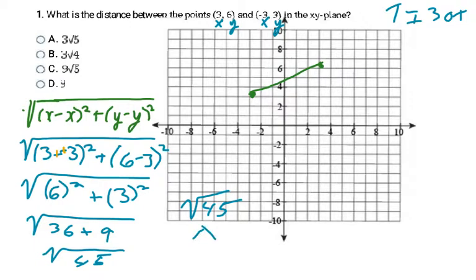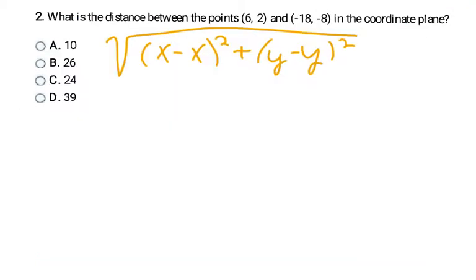So this is going to break down into the square root of 9 and the square root of 5. The square root of 9 is 3, and the square root of 5 doesn't break down anymore. So this is going to be 3 square root of 5 for my final answer, which is A.